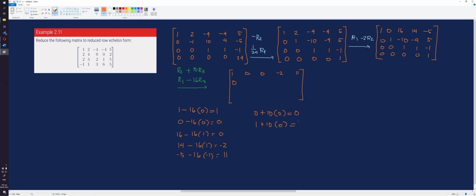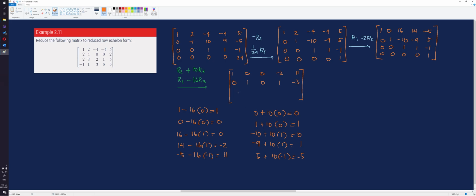Perform the operation, and this is equal to 1. Third element is negative 10 plus 10 times the third element of row 3, which is 1. So this is equal to 0. Next, we have negative 9 plus 10 times 1. So this is equal to 1. And finally, we have 5 plus 10 times negative 1 here. So this is equal to negative 5.